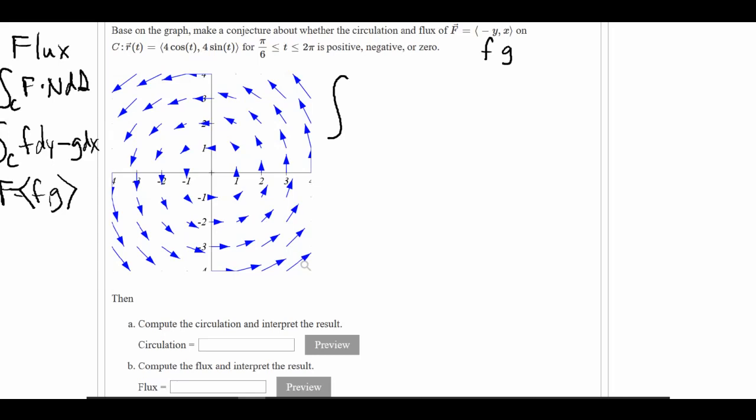We would have f, which is negative y, and y is 4 sine t, times dy. Now, if y is 4 sine t, dy would be 4 cosine t dt.